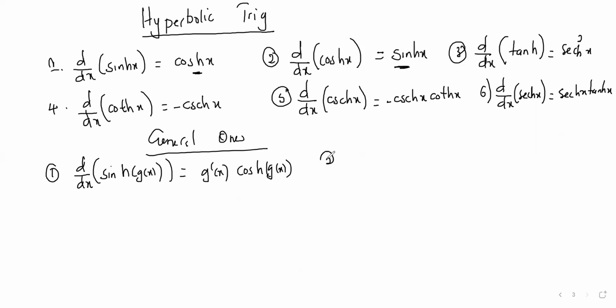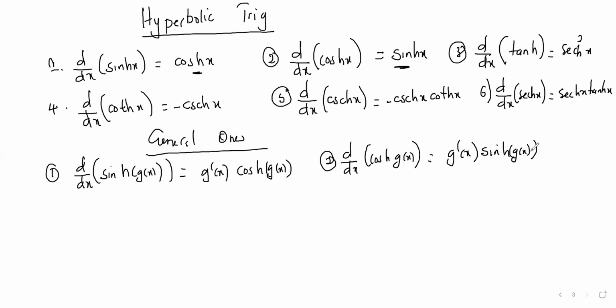The hyperbolic of this guy, g(x), is going to be g prime and the hyperbolic of the g. So these are what you're going to be using when we attack the Tutorial sheet.